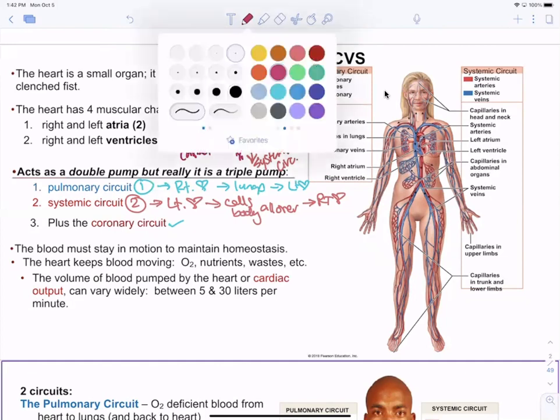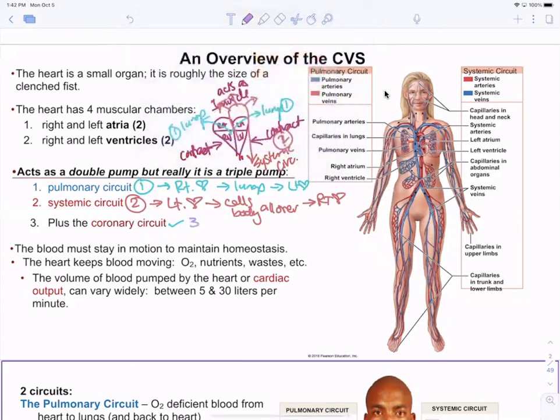Well, there's this 3rd circuit called the coronary circuit. And the coronary circuit sends O2-rich blood from basically the left side of the heart, or left ventricle, to the heart muscle itself, and then back to the right side of the heart.